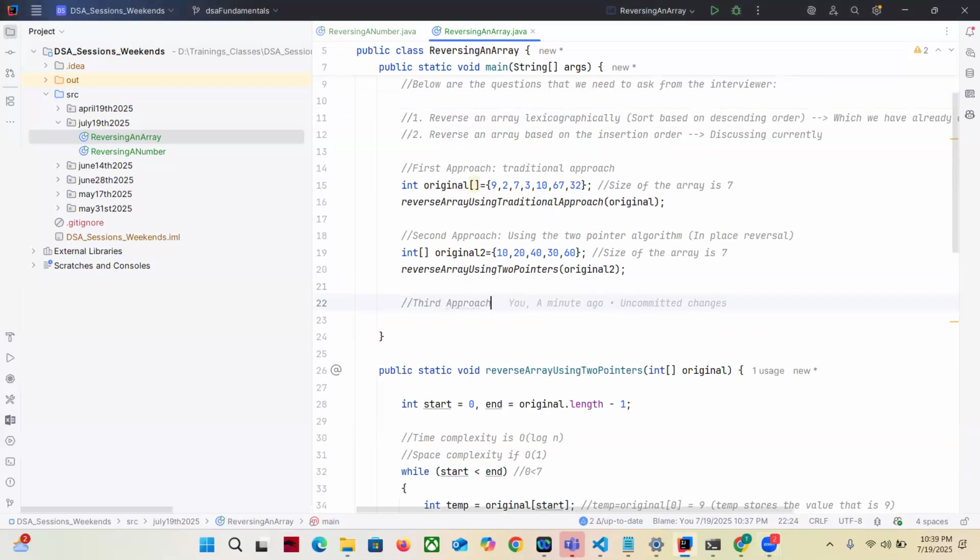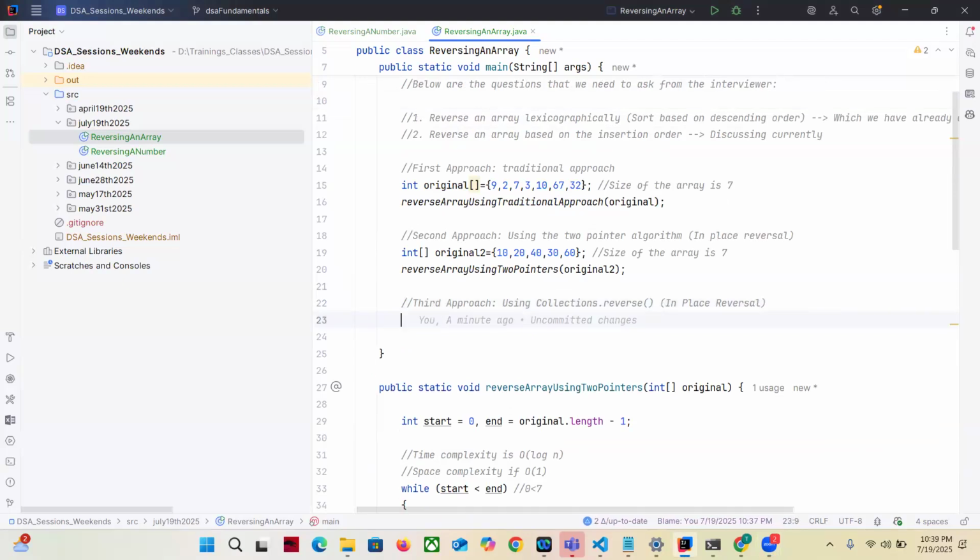Third approach is using Collections.reverse. This is also an in-place reversal, another in-place reversal concept instead of using two pointers. So let me take the original array.